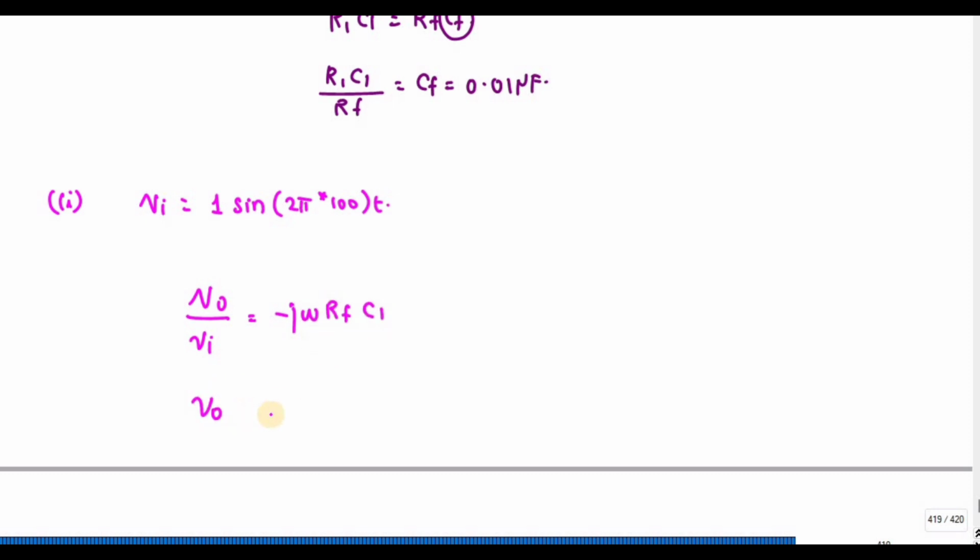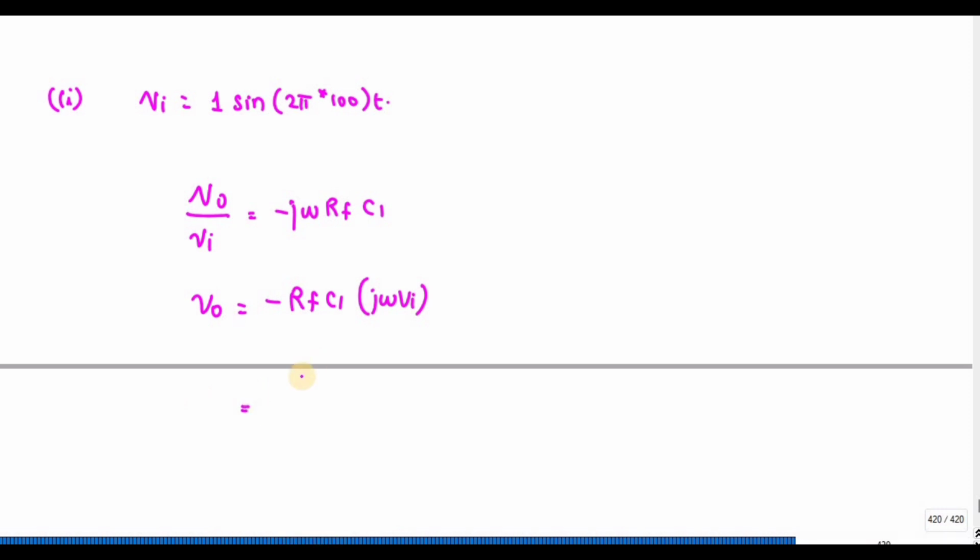So I can write V naught is equal to minus R of C1 j omega VA. This j omega VA is nothing but R of C1 d of Vi by dt. This j omega, I can also write in terms of the time domain. I can write it like this.